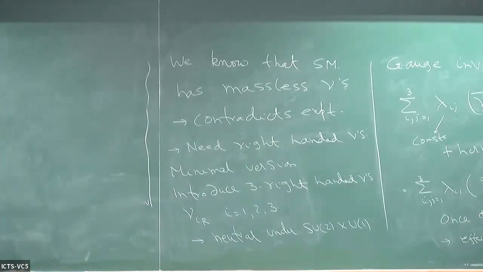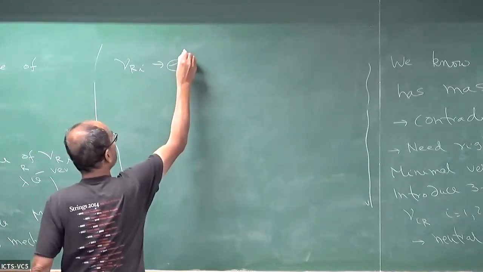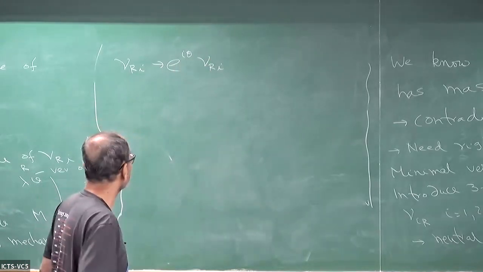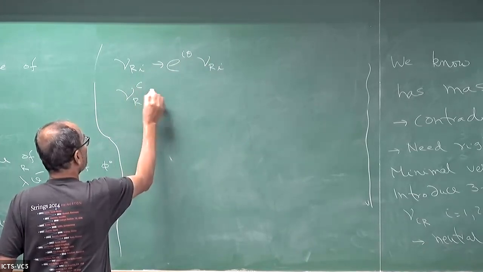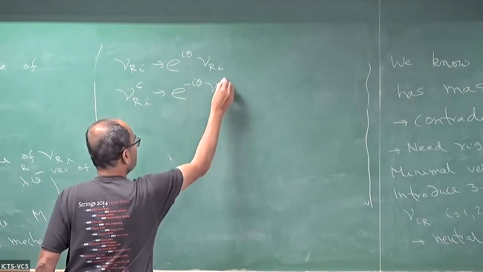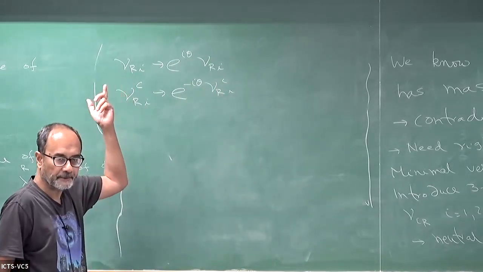But now you see that nu r goes to e to the i theta times nu r, that's what you have said there. Nu r c will go to e to the minus i theta times nu r c, because nu r c already involves a complex conjugation.